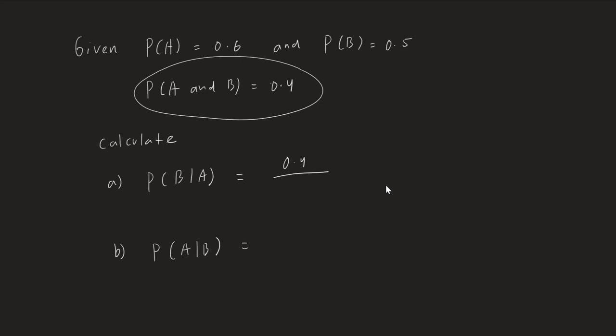If you didn't give me P of A and B and asked me what P of A and B is, shouldn't my answer be 0.6 times 0.5?